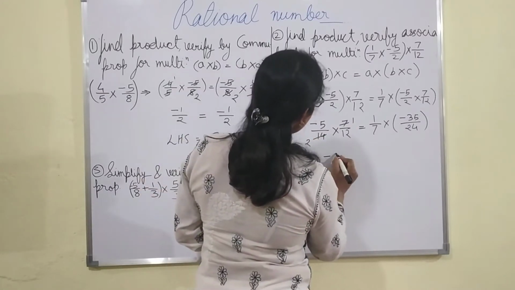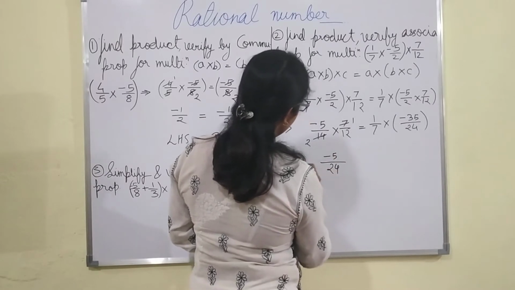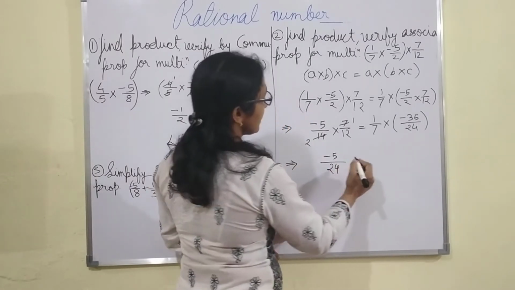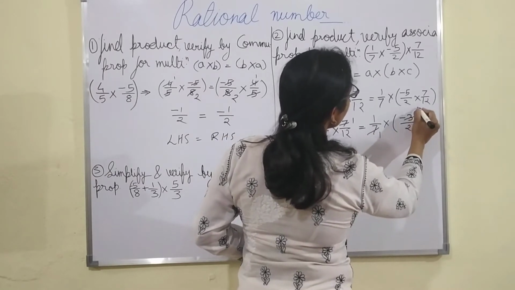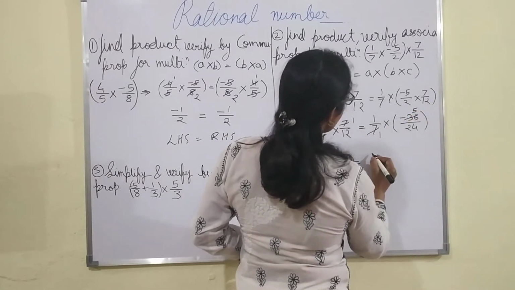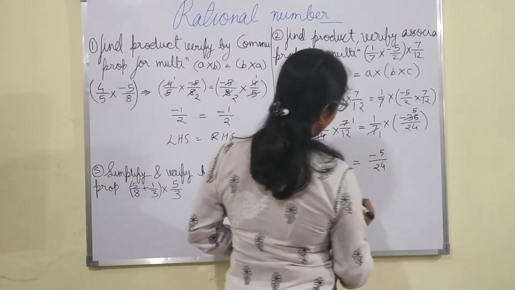So minus 5 upon 12 twos are 24. It is our next step. Equals to now 7 ones are 7, 7 fives are 35. So it is minus 5 upon 24.